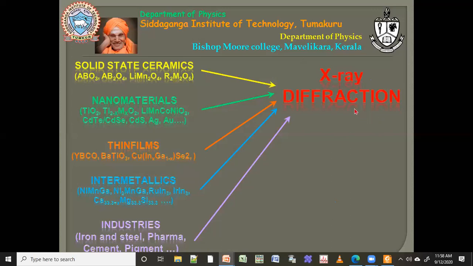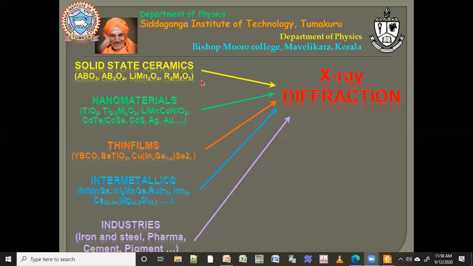Okay. So or you may be doing some thin films like supercapacitor thin films, maybe thermoelectric thin films, or some intermetallic, or some may be doing some industrial samples. Okay. So first thing, once you prepare, the first step your guide would ask is go and do the X-ray diffraction.